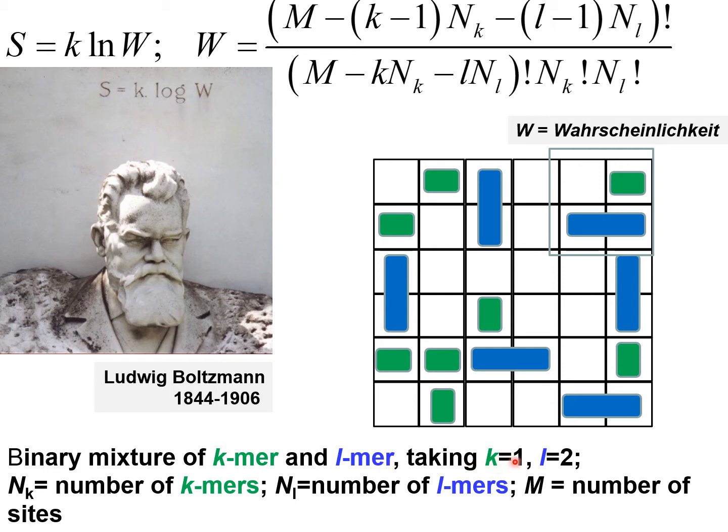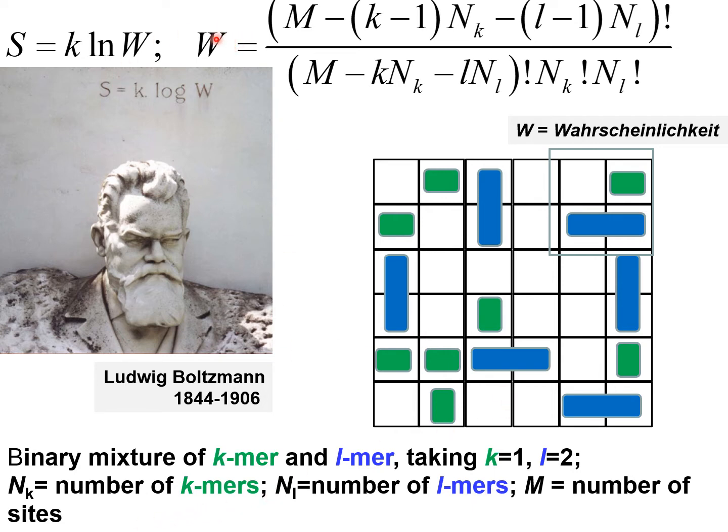Therefore, K equals 1 because it occupies one site, and for the blue 1-propanol, which is the Elmer, L is equal to 2. On a checkerboard, N_K represents the number of Kamers that occupy the adsorption sites, and N_L represents the number of Elmers. M is the total number.